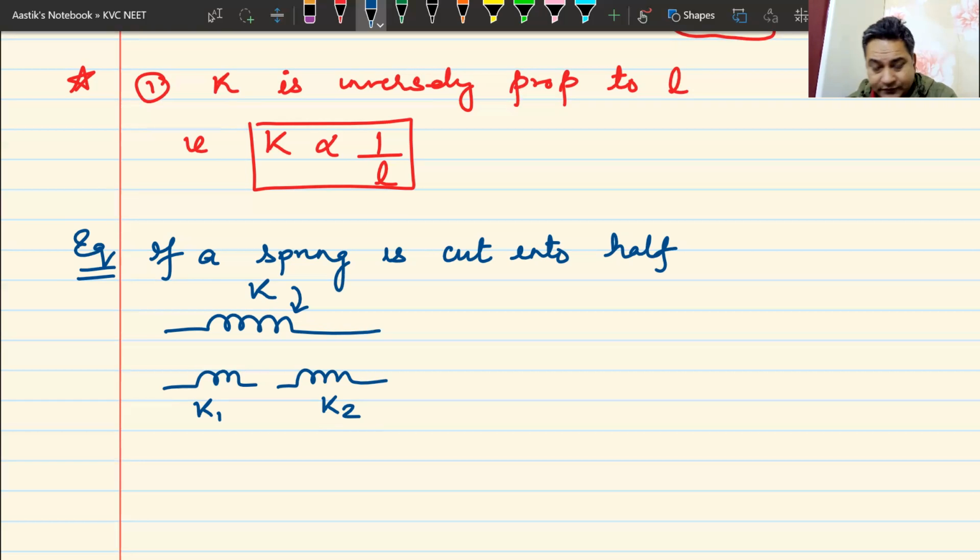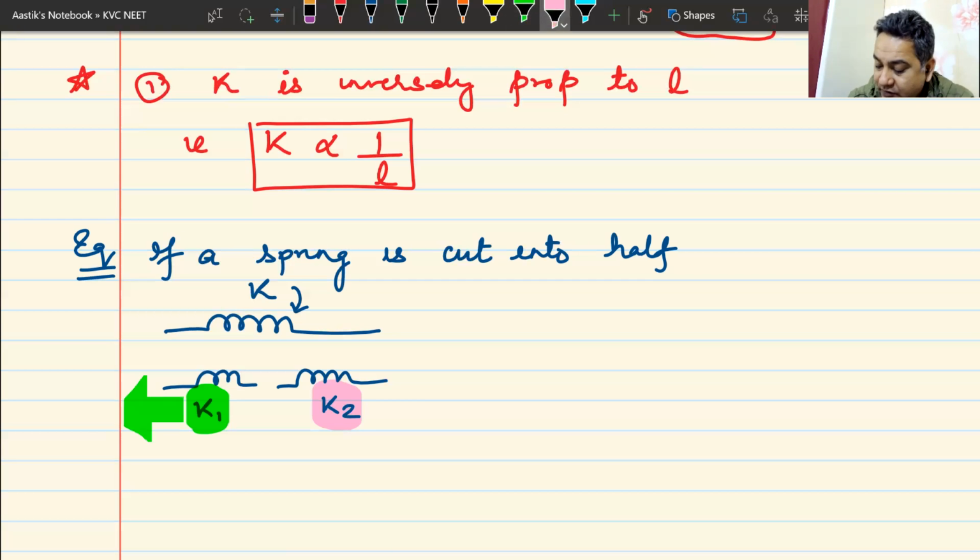If I cut it into half, the spring constants of the other 2 springs that I create, this K1 and this K2, will be inversely proportional to the length. The original spring had a spring constant of K. The K1 spring has a length half of that.